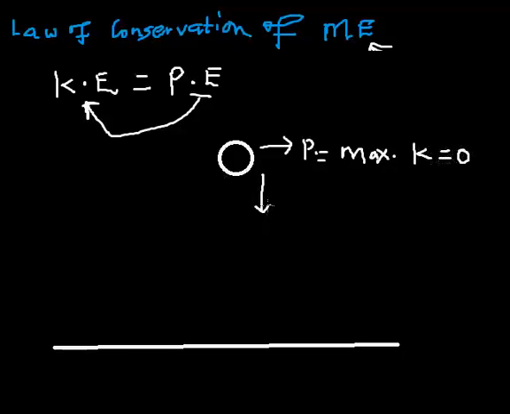So when the ball is released, the ball is now moving at this height. At this point, the ball possesses both potential energy plus kinetic energy. Why? Because the ball is in motion, and of course, it still possesses height.